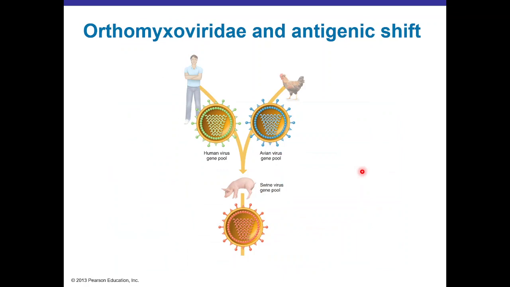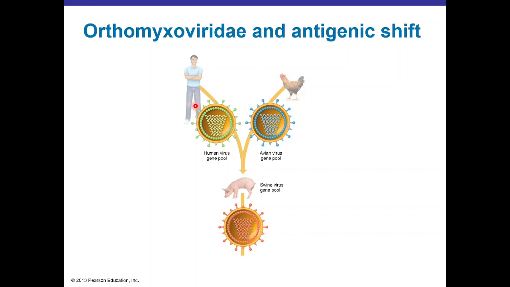Now, in the case of some viruses, they can undergo what we call antigenic shift, in which you will have changes in the genome of the virus that can lead to changes in the receptors that help the viruses to bind, and these will be antigens.